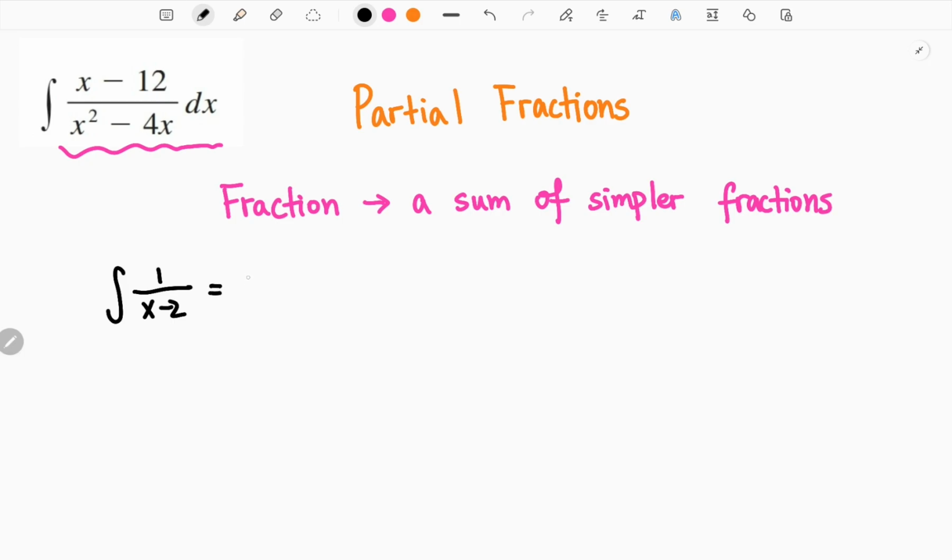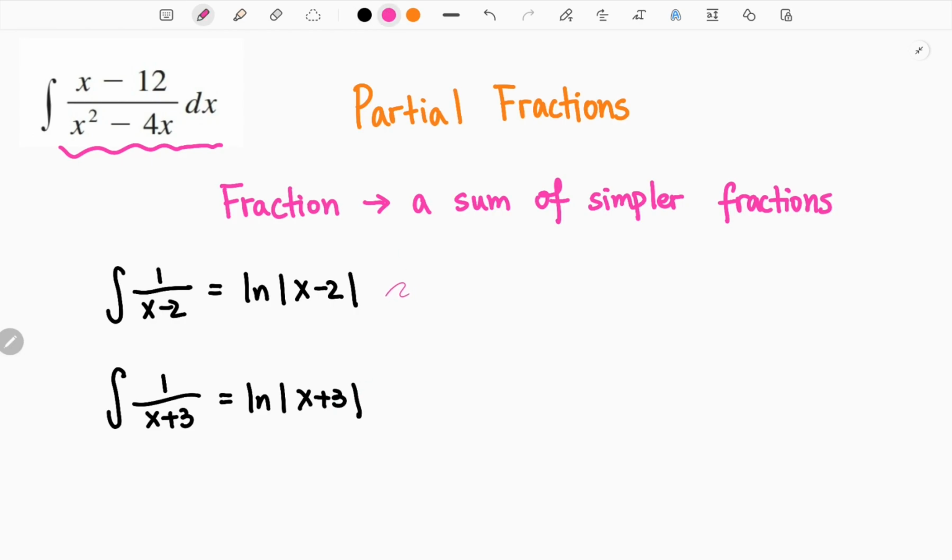Because that's just equal to the natural log of the absolute value of x minus 2. And if we have something like 1 over x plus 3, that's going to give us the natural log of the absolute value of x plus 3. So we know how to calculate integrals like this. So right now we have something more complicated than that. But our goal is to decompose this fraction into something we can integrate a bit more easily.